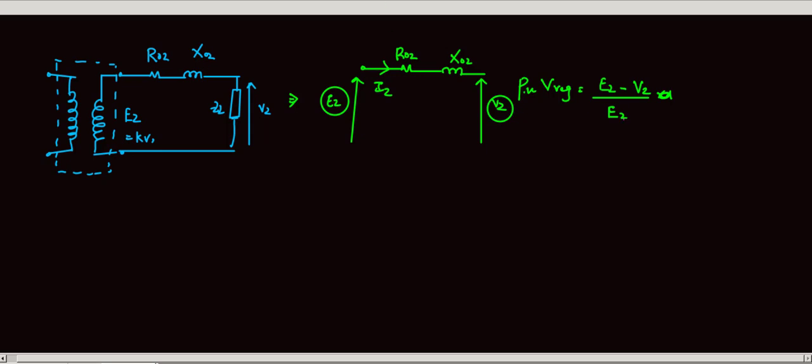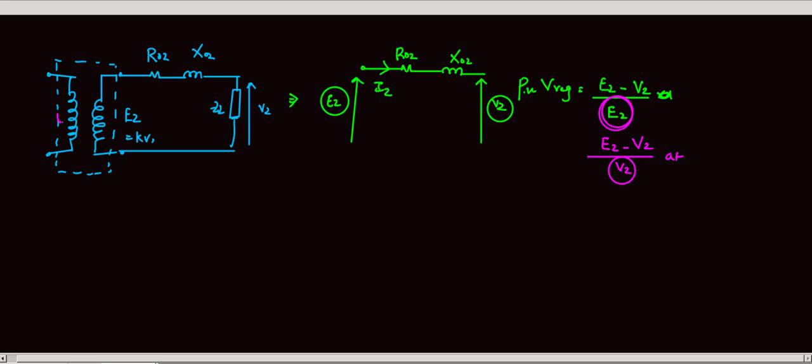Why are we taking E2 here? In an alternator it is E2 minus V2 by V2, because V2 is the rated voltage in the alternator. Here in the transformer, the rated voltage is E2, so we take the rated voltage.